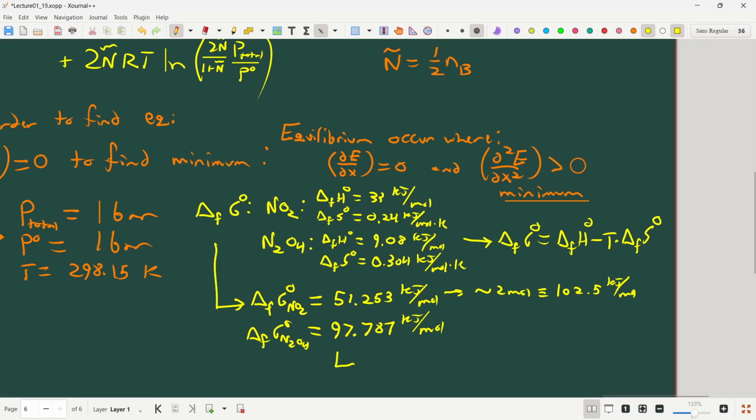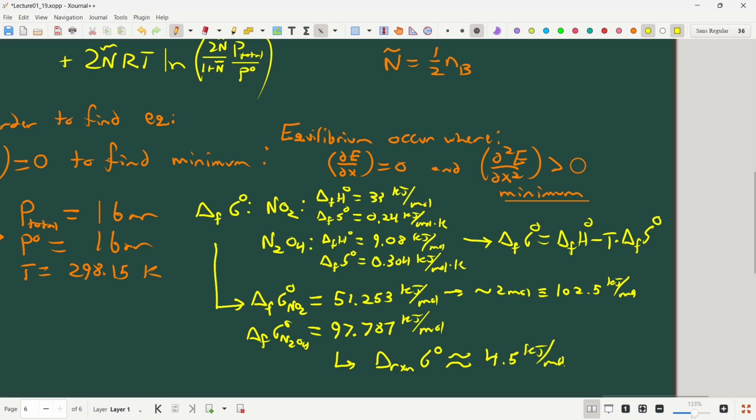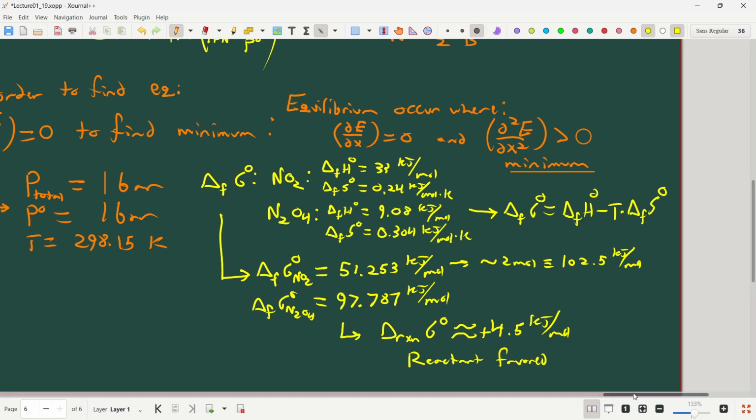That means delta G of reaction for this system is the difference between 102 and 97, roughly 4.5 kilojoules per mole. So this should be reactant favored, because the reactants have lower energy than 2 mole equivalents of the product.